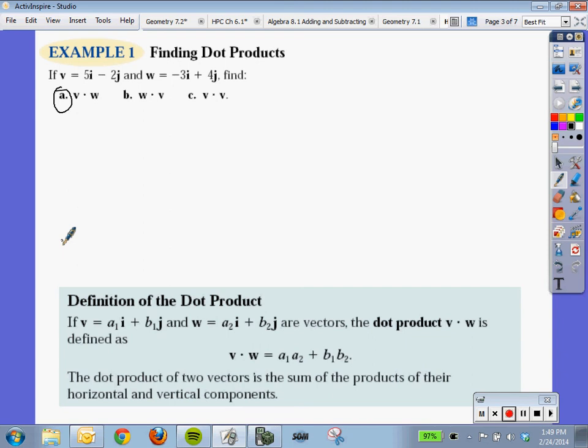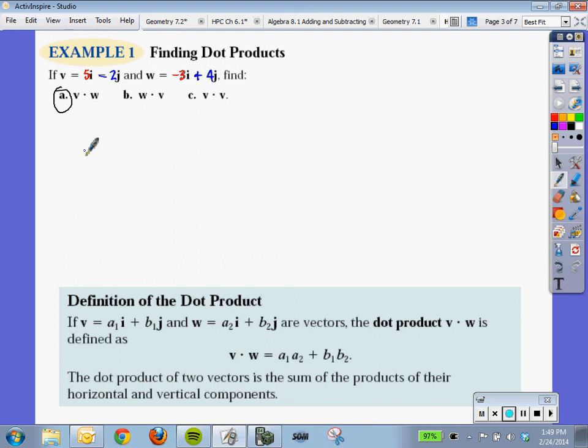All right, let's go through this example. Example 1. We want to find the dot product of the two vectors. We're just going to do one of these. We want to multiply the horizontal components and add them to the multiplication of the vertical components.